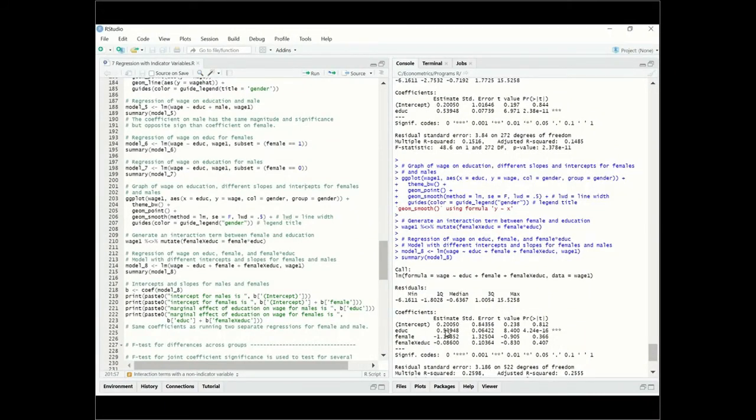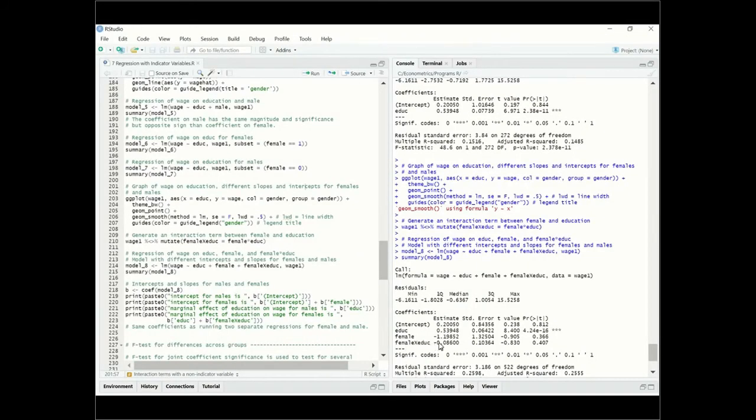And we can find the intercept for females because female would be equal to 1. We're going to have this coefficient plus this coefficient. That's going to be exactly the coefficient up above in the subset for females. And we find the slope for females by summing up this coefficient plus this coefficient, because for females that's going to be equal to 1.